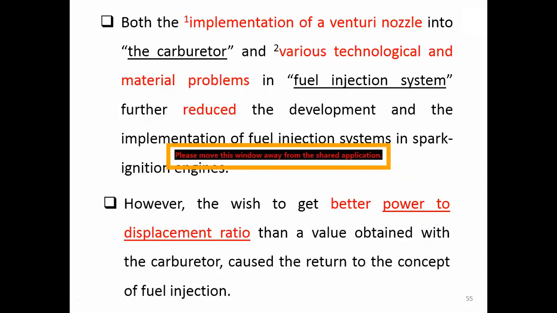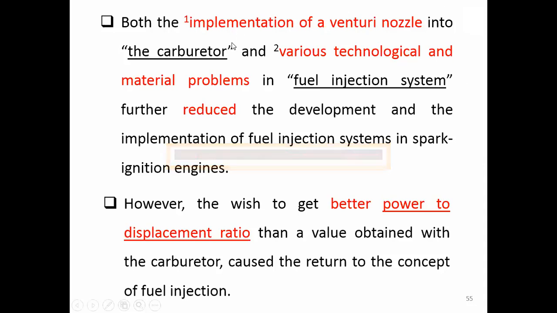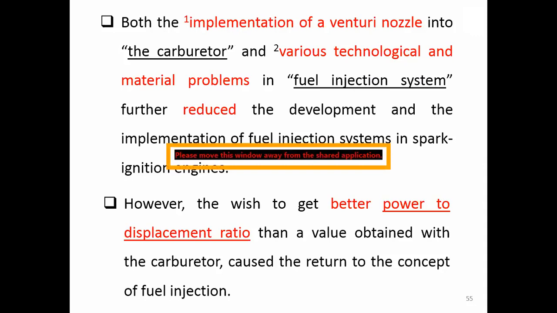So, at the very beginning, people did not think about the fuel injection system because the carburetor already worked for them. They had a venturi nozzle to make the carburetor work. And if they want to use the fuel injection system, the word injection means what? High pressure, right? And at that time, engineers still had a problem with the material.